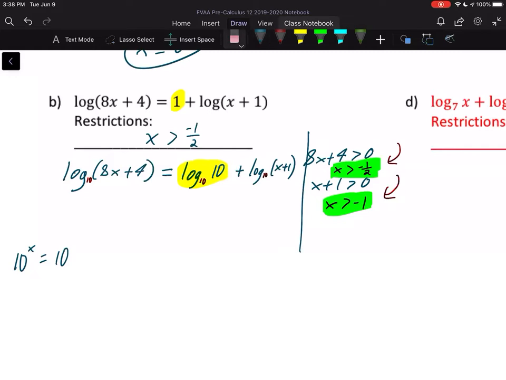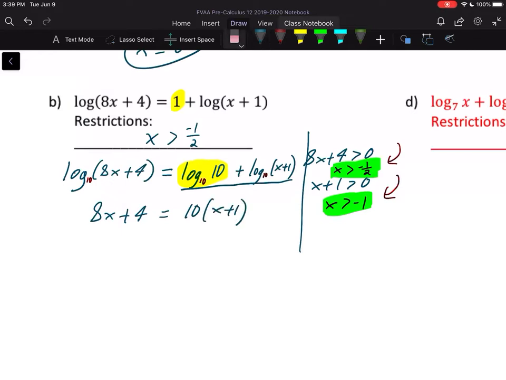So that proves it. Okay, so now everything's in logs, and based on the product law of logarithms, we can combine these two and get rid of the logs, and it gives me 8x plus 4 is equal to 10 times x plus 1.